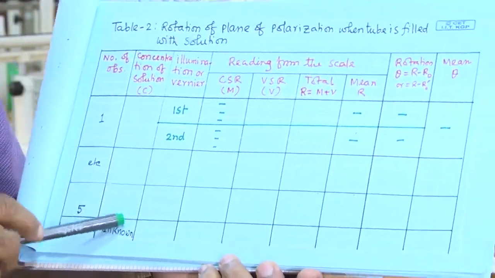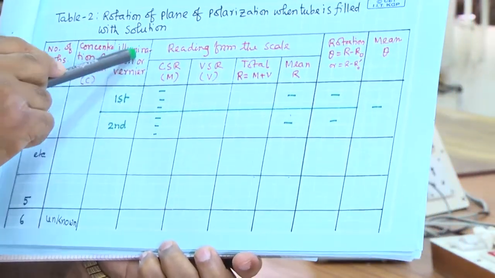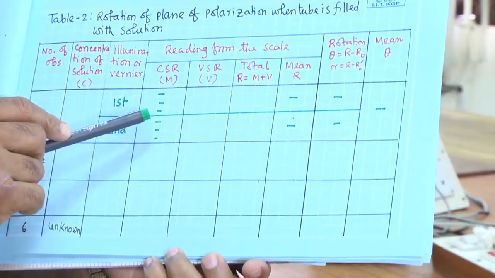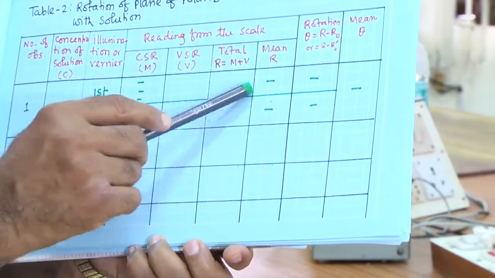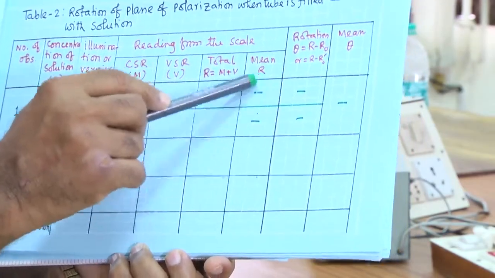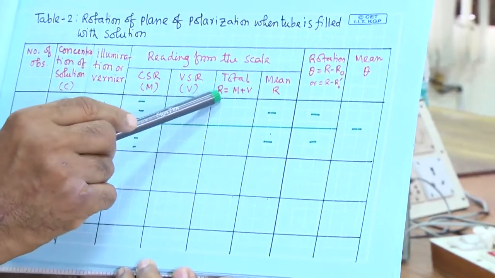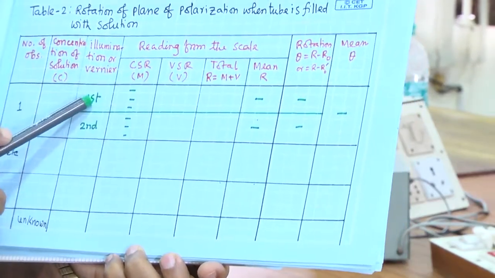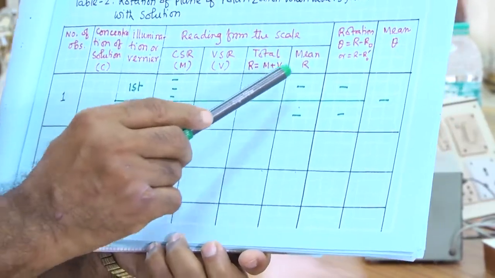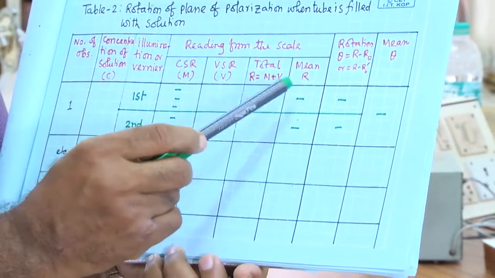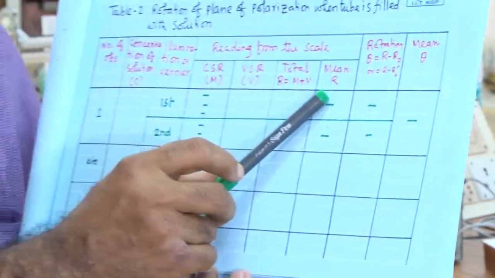Then you do the experiment for different concentrations. For each concentration, for first illumination and second illumination, take 2 or 3 readings, and then find the mean value of R, for first illumination and second illumination. For distilled water we considered R0 and R0 dash; here also you consider R and R dash.